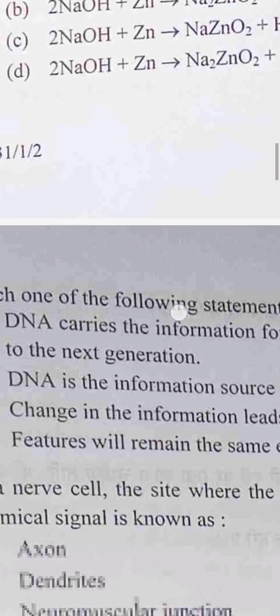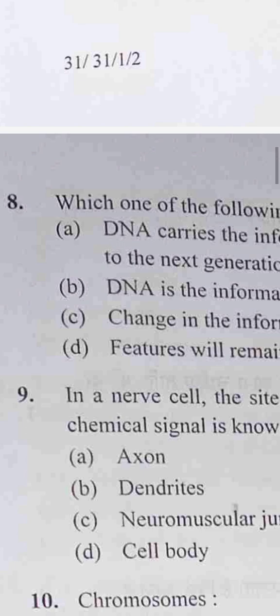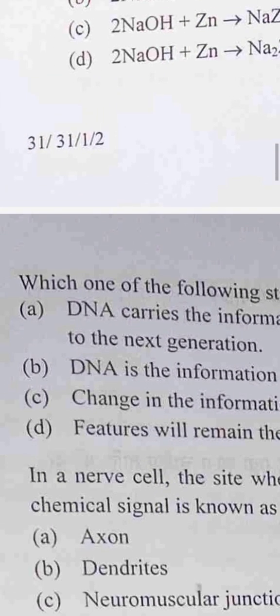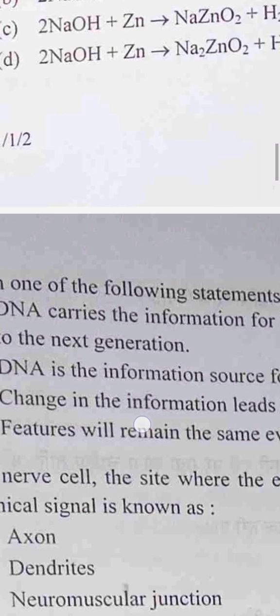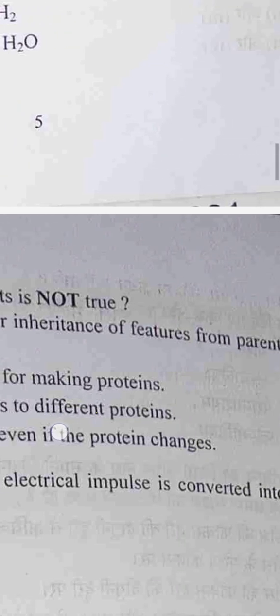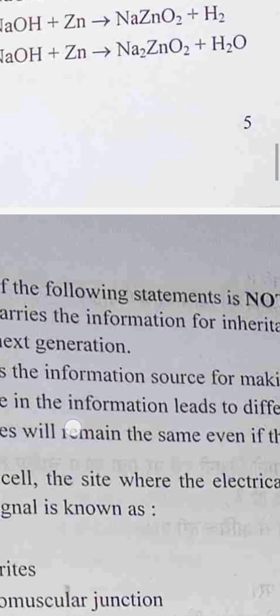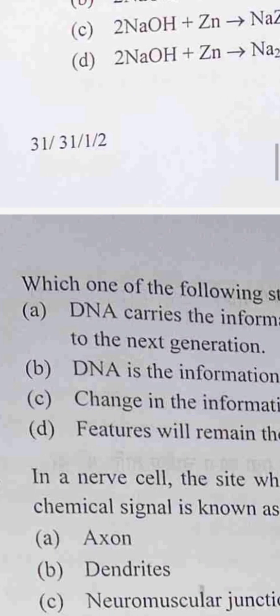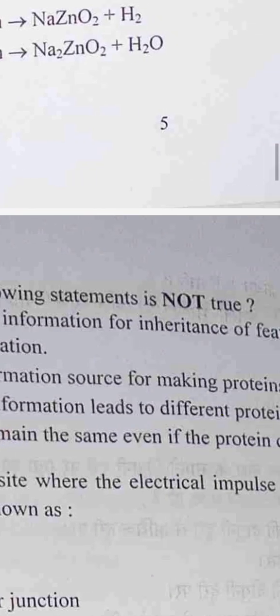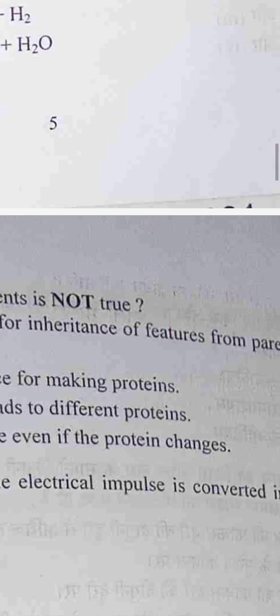Now move on to question number 8. In this question, it is asked which of the following is not a true statement. So we have to tell which is false. DNA carries the information for inheritance of features from parents to the next generation. It is a correct option. DNA is the information source for making protein. It is also correct.